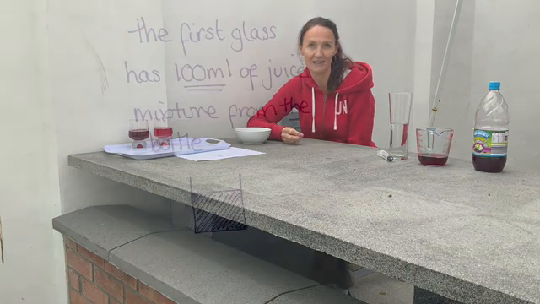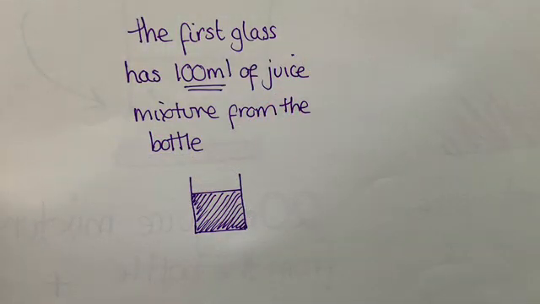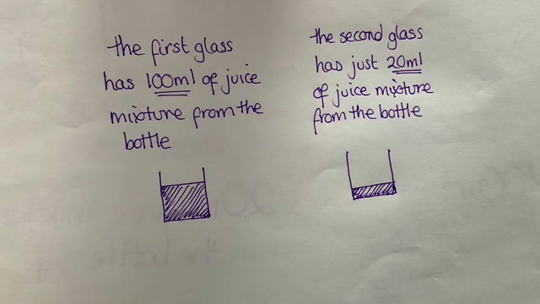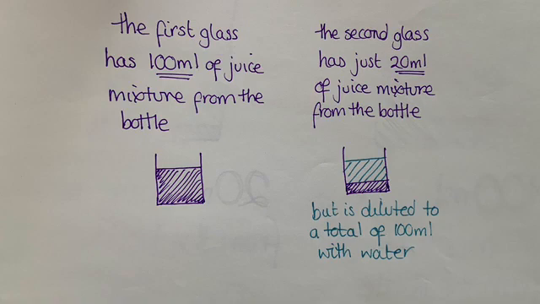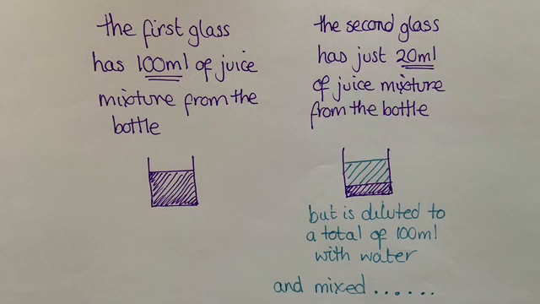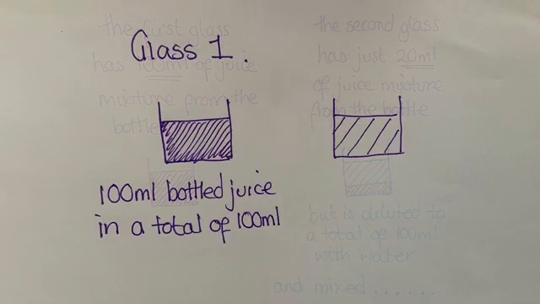How much more likely? The first glass had 100 mils of juice mixture taken straight from the bottle. The second glass had just 20 mils of juice mixture taken from the bottle, which was then diluted to a total volume of 100 mils with extra water, and then mixed to spread the particles evenly through the water.